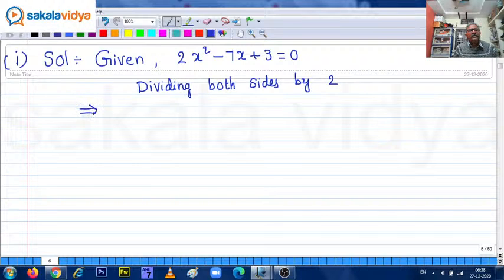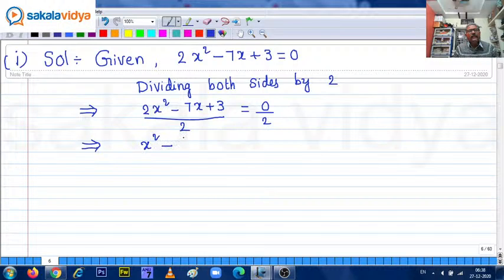So we get 2x square minus 7x plus 3 upon 2 equal to 0 upon 2. Now this can be written as 2x square by 2, x square, minus 7 upon 2 x plus 3 upon 2 equals to 0. Now take positive 3 by 2 this side. Now we get x square minus 7 upon 2 x equals to minus 3 by 2.